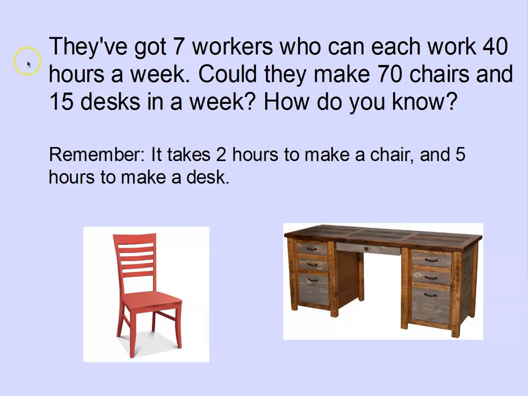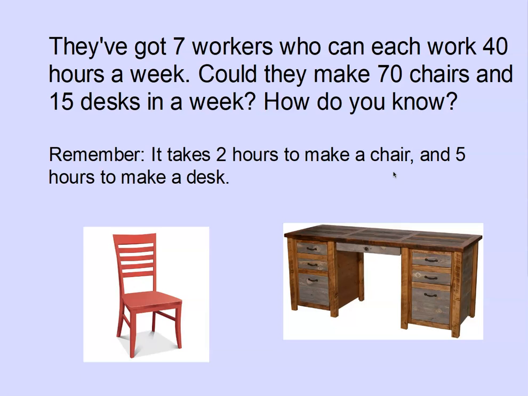So what we've got to figure out is this: if they're going to make 70 chairs, that's going to be 70 times 2. That's going to be 140 right there, just making the chairs. And we've got to figure out what 5 times 15 is, and that's the number of hours it takes to make the desks.